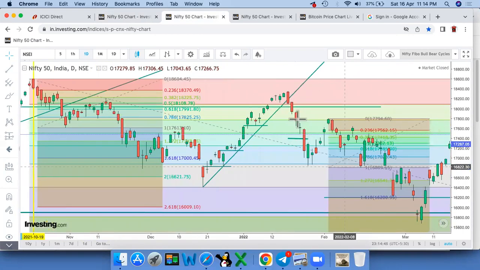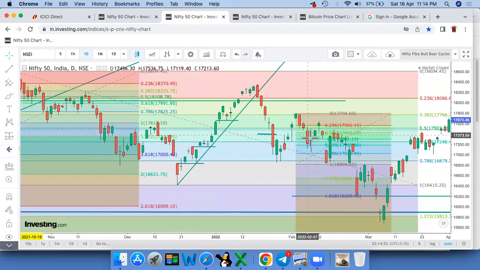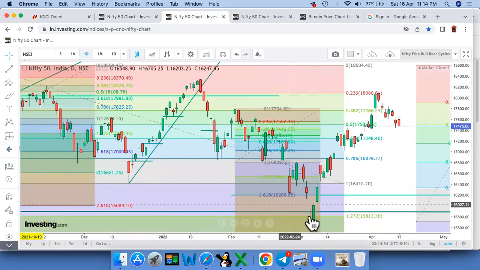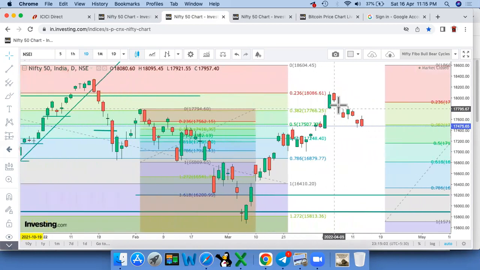When it was coming down, again 3 continuous days down. And going up again, 3 continuous days up, and then coming down again, 3 continuous days.